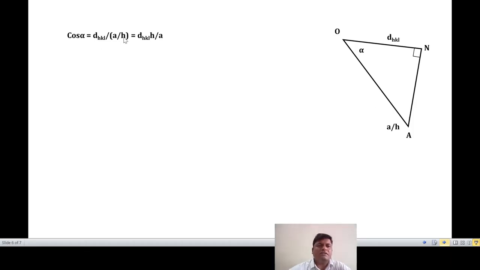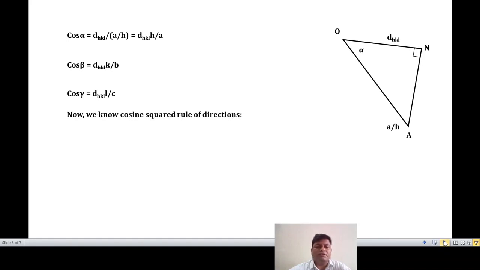So as h is in the denominator of the denominator, it will go to the numerator, and so cos alpha is equal to d_hkl into h upon a. Similarly, cos beta will be d_hkl k upon b, and cos gamma is equal to d_hkl l upon c, for the other right angle triangles ONB and ONC.